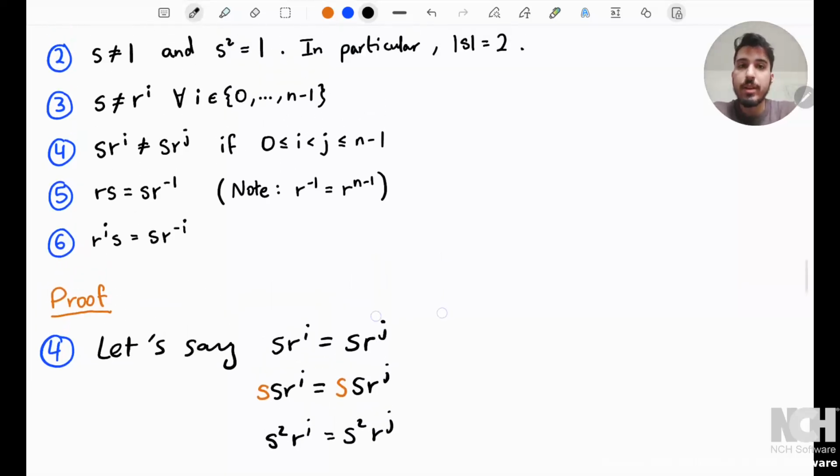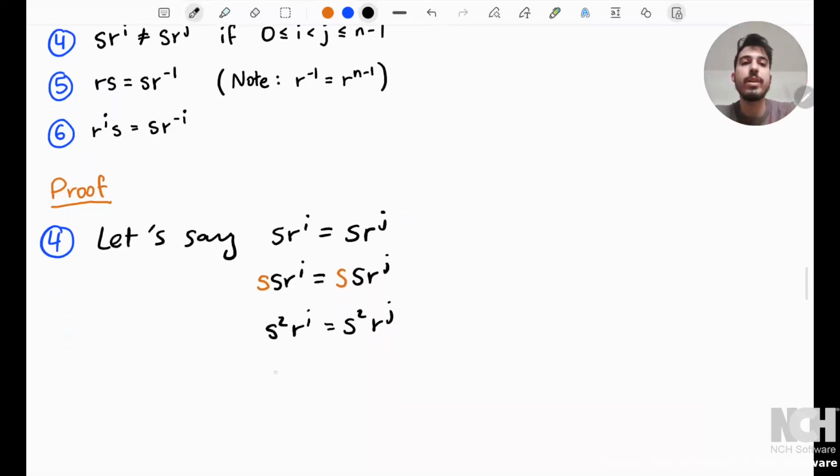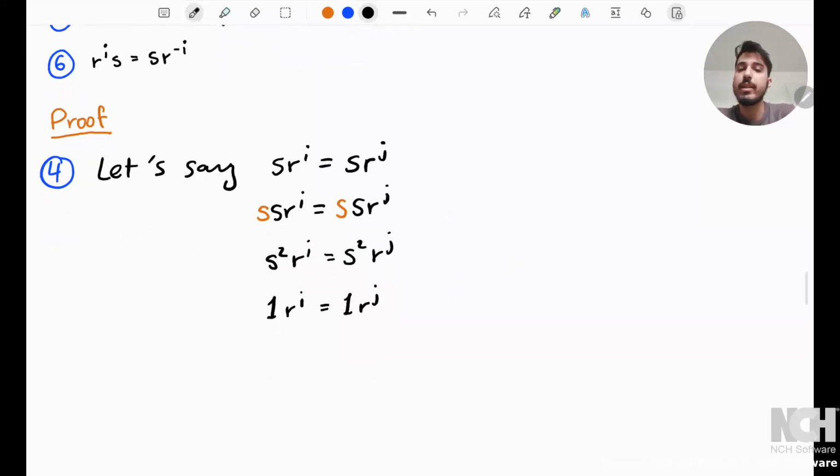And we have shown already that a reflection that is done twice is the identity. So s squared is 1. So r to the i is equal to 1 times r to the j. And the identity times anything does nothing to the element. So it gives only r to the i is equal to r to the j.